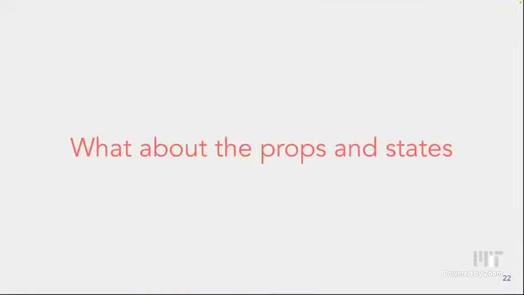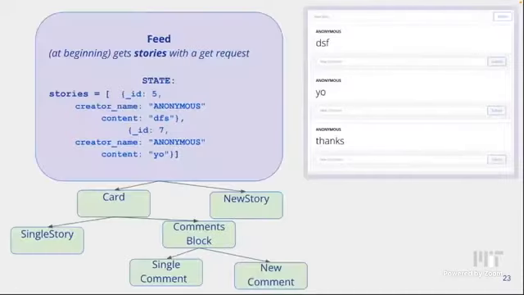And there was a ton of props and states flying around in the workshop. It probably was hard to keep track of what was props and what was state everywhere. But what happened was in the feed, we sent a GET request to get all of the stories. We put it in our useEffect. And once we had those stories, we put them in state. So now our feed knows all of the stories.